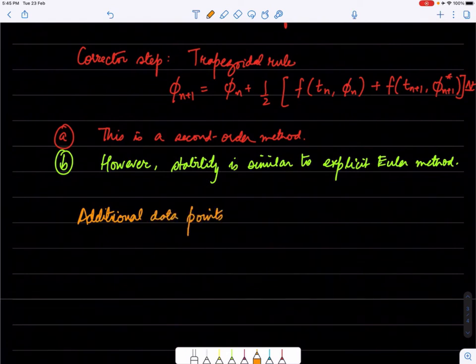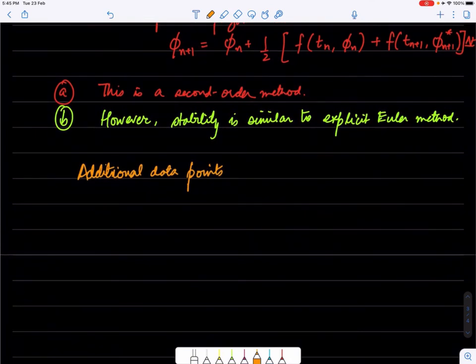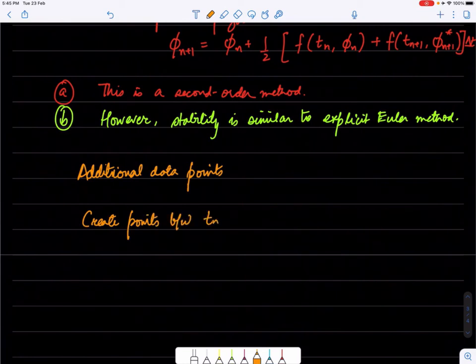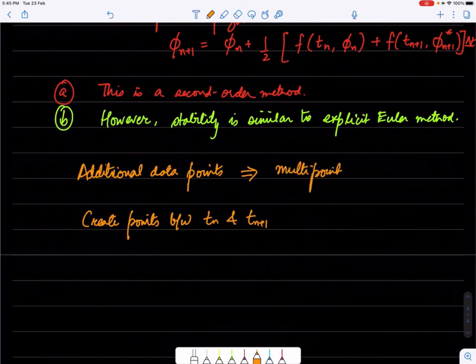That could be one way of improving the accuracy of the method, or we could create points between Tn and Tn plus 1 where we could do our derivative evaluations. The first class, where we use additional data points which have already been computed in the past, are called multi-point methods, and creating more points within Tn and Tn plus 1 will be called in general Runge-Kutta methods.